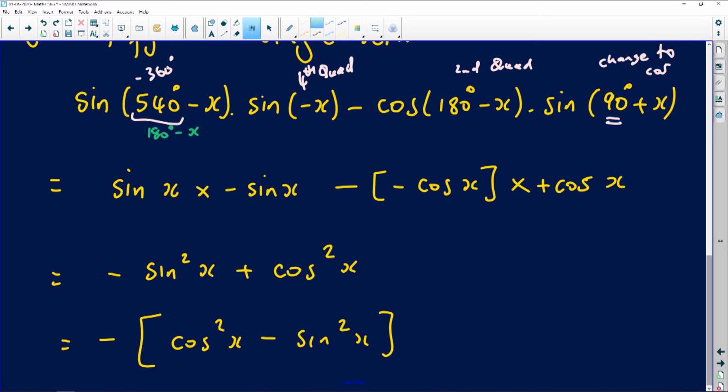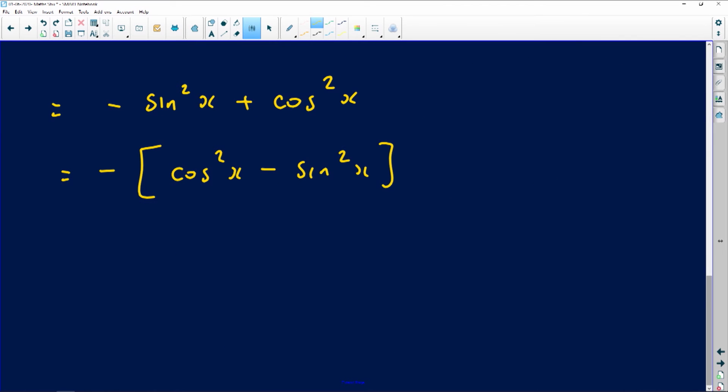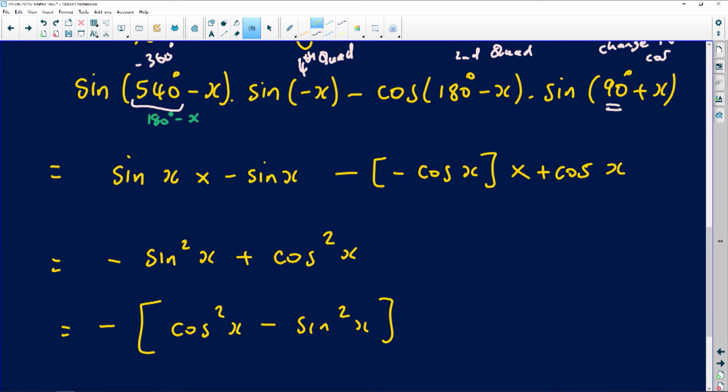Now, this is where grade 12s start having fun because this must look familiar to you. I think I actually made a flaw there, because if you multiply sine and sine, you're going to get negative sine, and if you multiply negative and negative, you're going to get positive. It's cos times cos, which is cos squared. So it actually turns out that I don't need to do this factorization because it's not going to lead me to where I'm going.